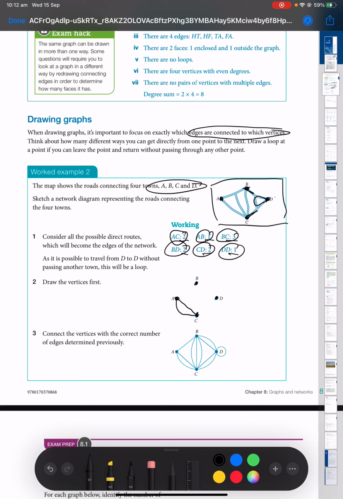A to B was 1, so I'm just going to draw 1 line. B to C was 3, so we're going to go 1, 2, 3. B to D was 2, so we're going to go 1, 2. C to D was also 2, so we're going to go 1, 2, and then D to D is itself, so I'm going to go around, and you can see that this is exactly the same as this one over here.